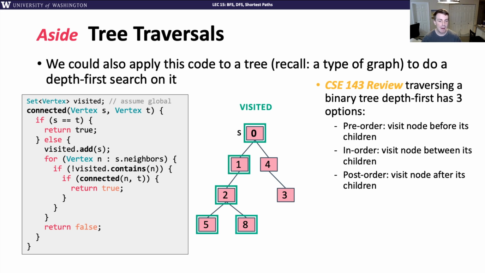What we mean by that is you start at a node, and then you explore its left child and explore that entire subtree before coming back and exploring the right subtree. These are all the properties of depth-first search, where you go all the way down one path before coming back and trying another.